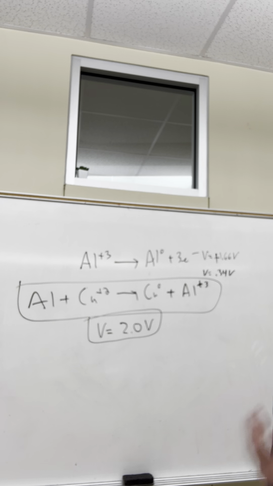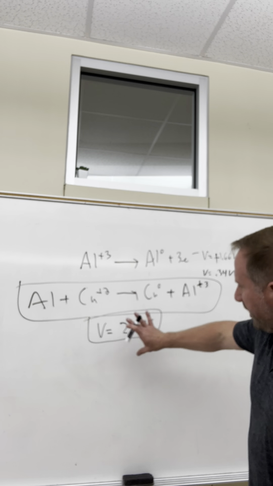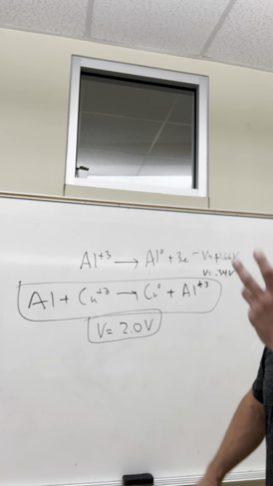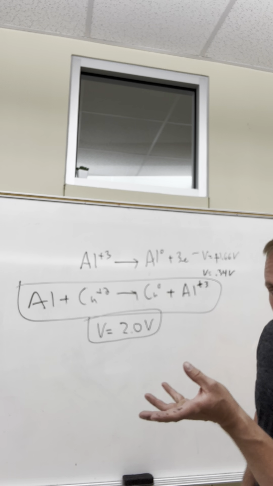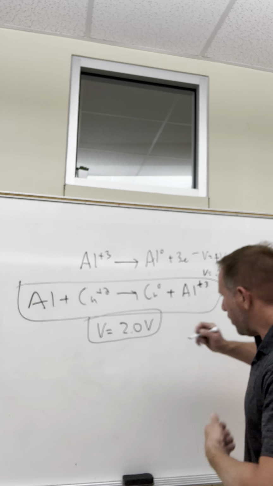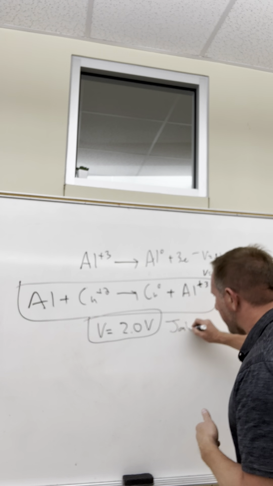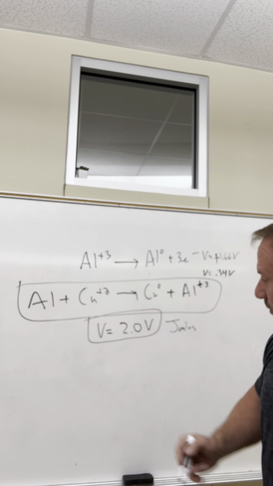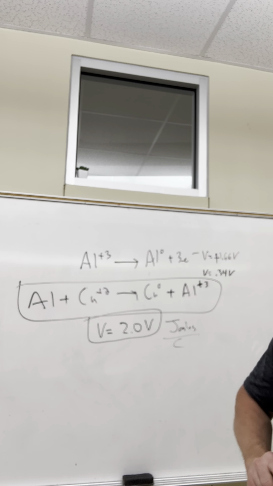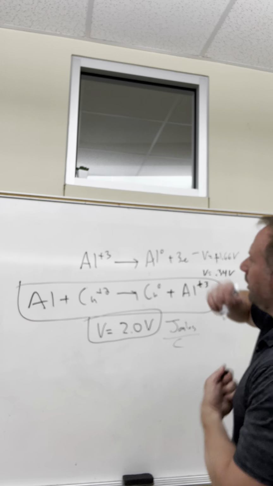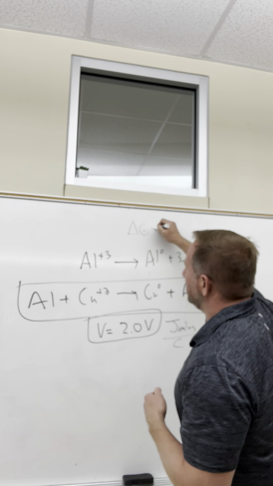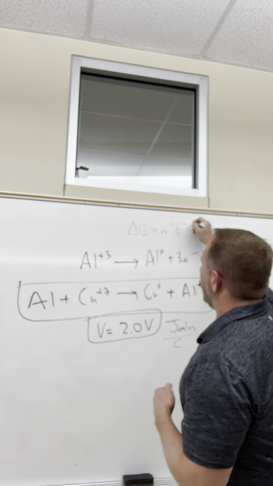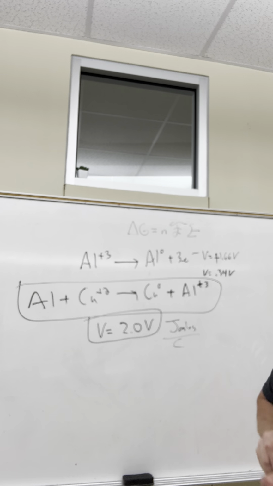Now, with that being said, this is the voltage, the potential energy we have, the joules of energy we have per coulomb of charge that we can now put out into the world and use as energy. We're going to come back to a cute little formula called delta G is equal to negative nFE later.